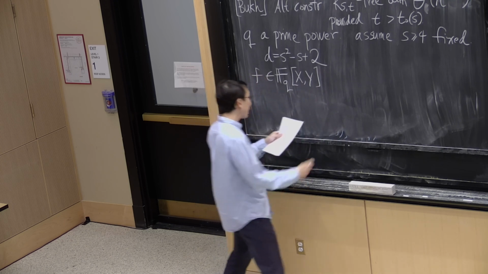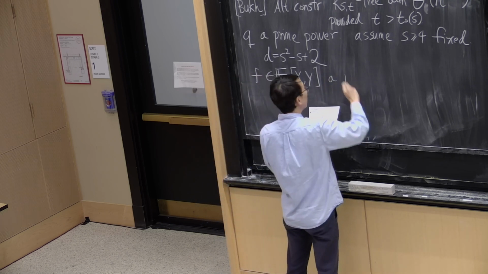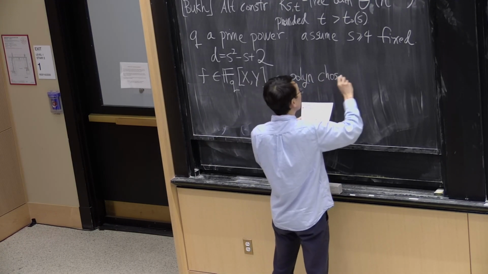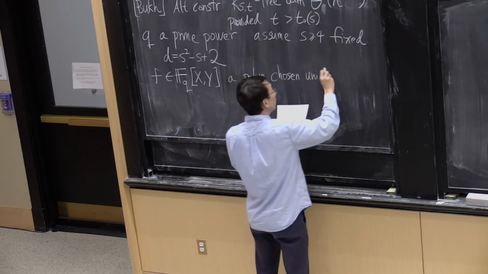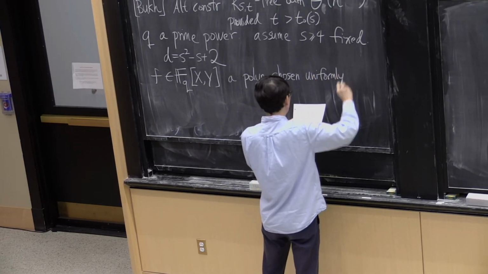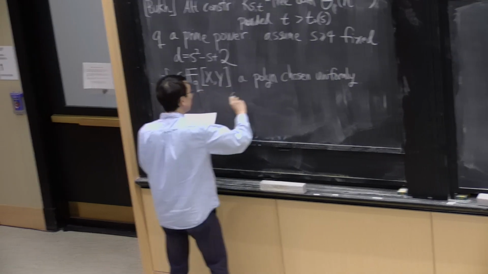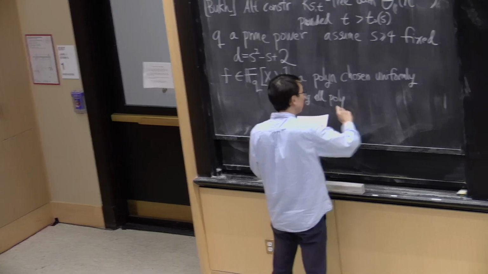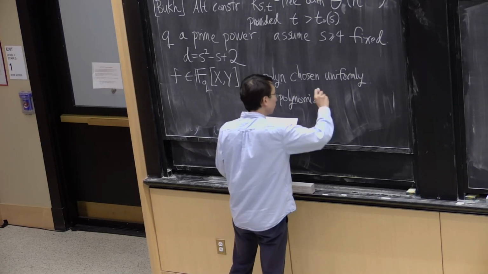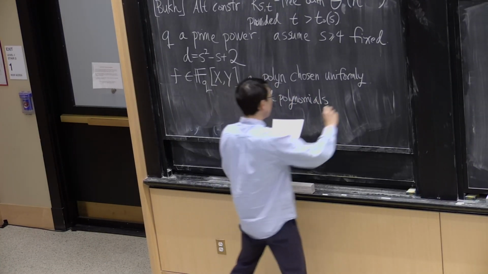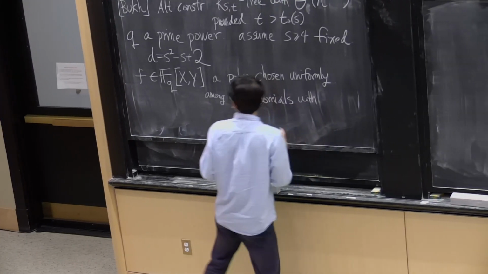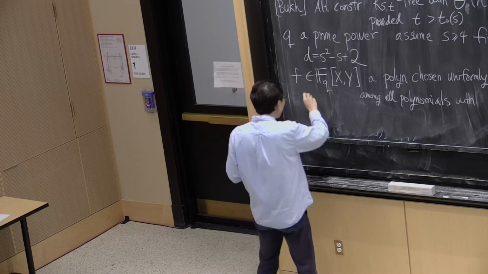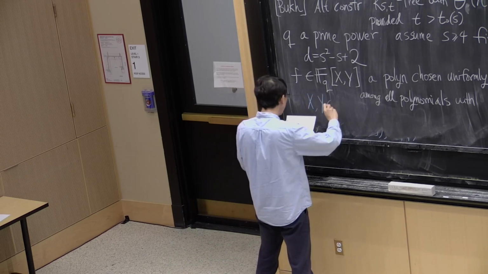F will be a random polynomial chosen uniformly among all polynomials with, so I wrote uppercase Y and uppercase X and Y. Actually, X and Y are not single variates.